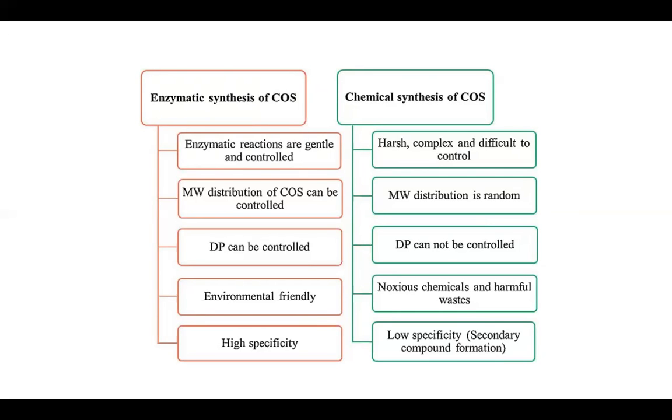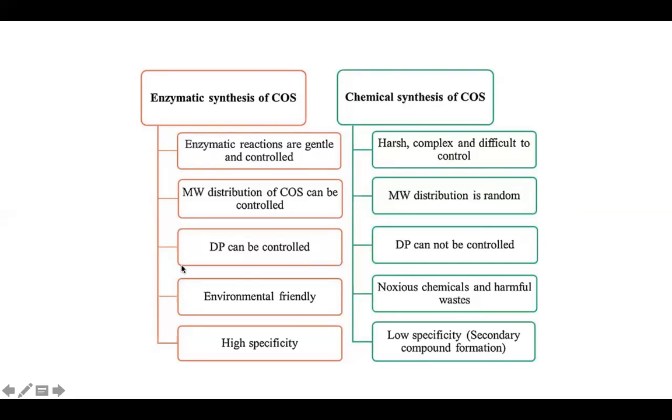So it is a milder condition. If you compare to chemical synthesis, the reactions are harsh, complex, and difficult to control. Enzyme is easy to control because you can add enzyme, but chemical is not easy to control.